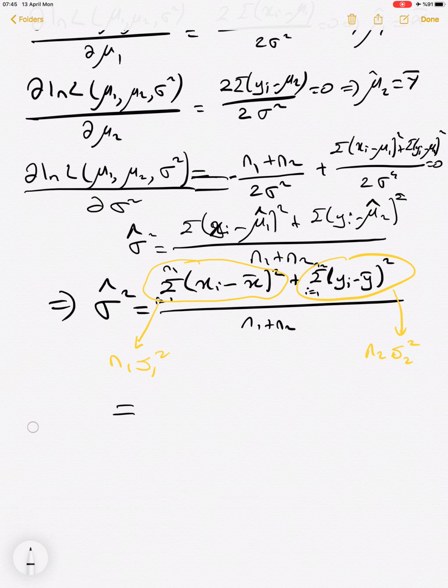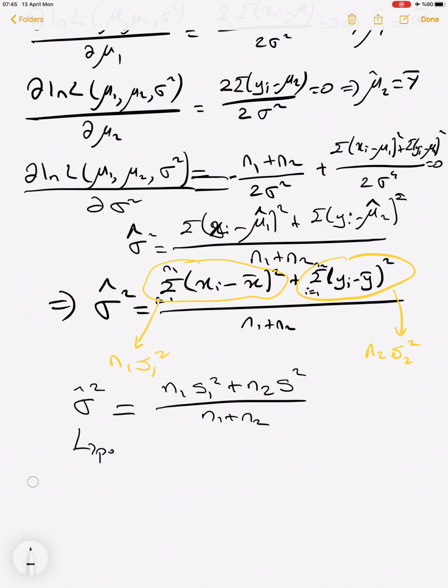Then we can write n1 s1 square plus n2 s2 square divided by n1 plus n2. Remember, this is the pooled sample variance, or we can say that it is the weighted average of s1 square and s2 square.